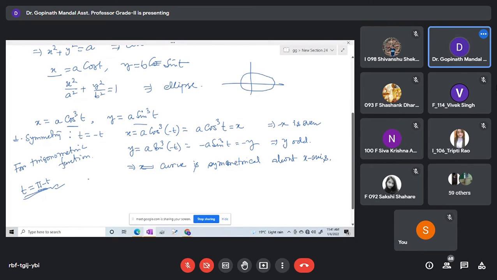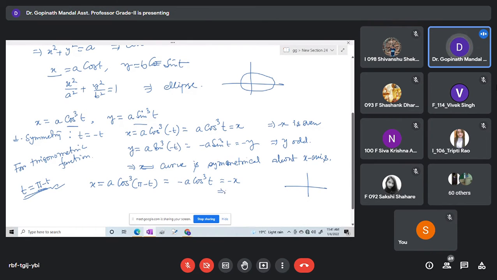If x is unchanged, then x is even, if y is unchanged, then y is even, like that. So first put t equal to pi minus t, then x will be a cos cube of pi minus t, and cos of pi minus t is negative, so that will be minus a cos cube t, so that is minus x.